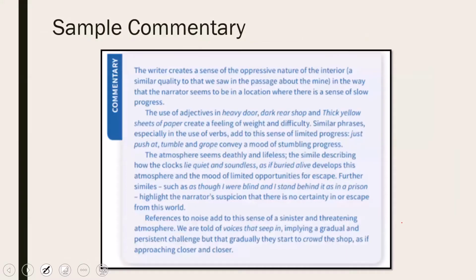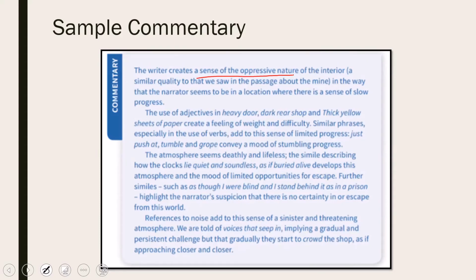Sample commentary, so you better understand how to comment on the language and style. It's a sample commentary in that book, the previous book given. This is how you are commenting, right? The writer creates a sense of oppressive nature. What is it creating? Remember this thing: in AS, we are creating senses.